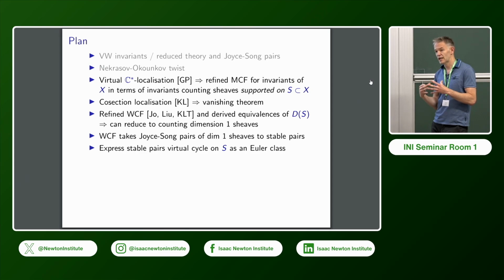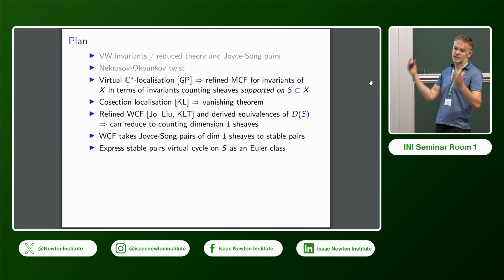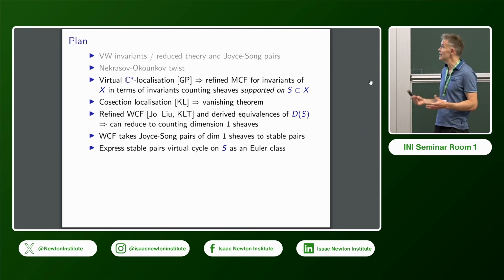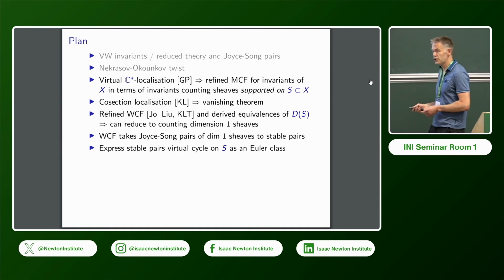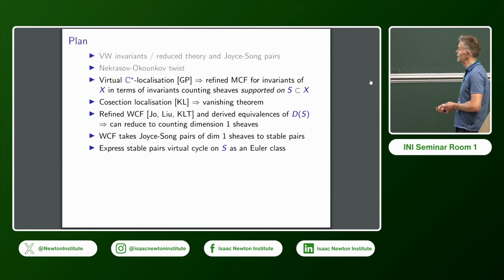And so that means you're in the very rare situation where you have some control on the virtual cycle, you know what it is. It's the Euler class of this bundle on this ambient space. And you can't do that with more general sheaves on K3 surfaces, but you can do it with stable pairs.